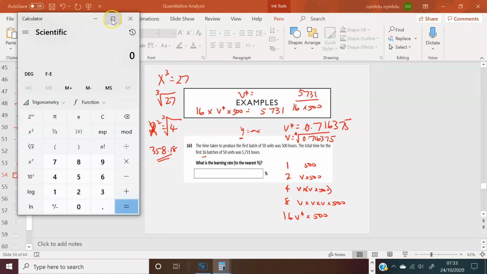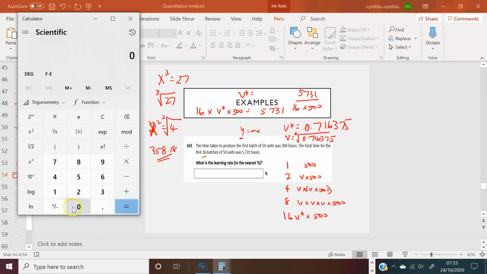Yeah, scientific. So you just need to find, yeah, here we are. It's just finding it on your calculator, the fourth roots.